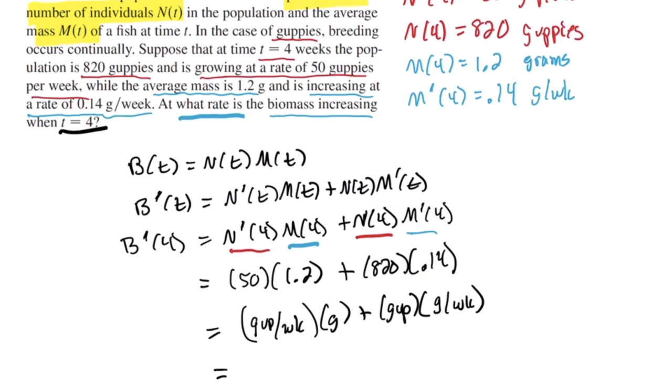So this first term is like grams of guppies per week, and this is guppies times grams per week, so this is also grams of guppies per week. So that's going to be our rate of change of biomass, the units that we have there.